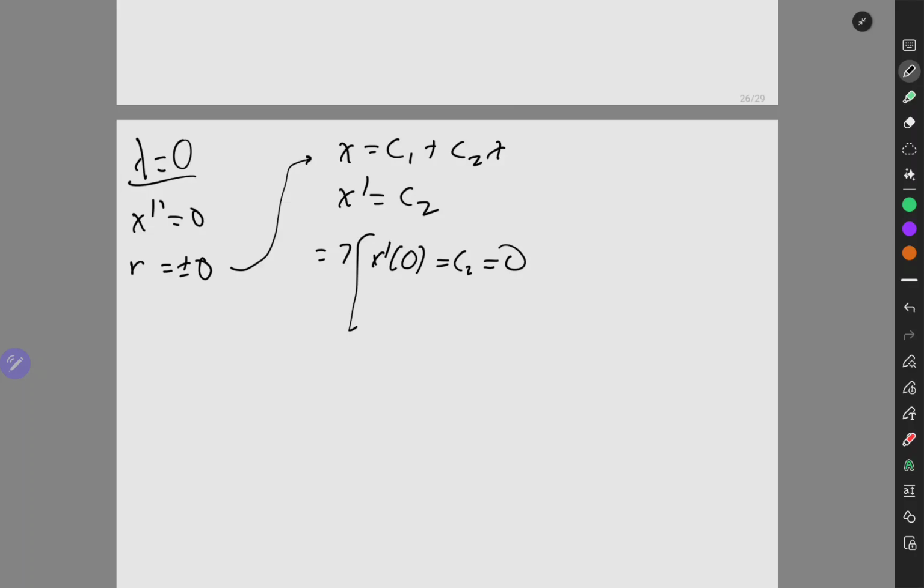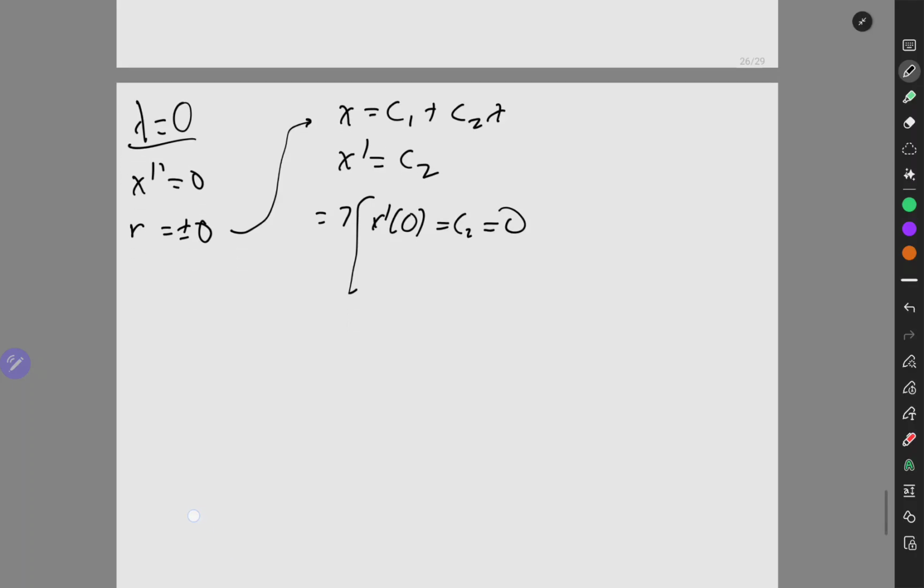Oh, this is an interesting one. This is going to change. We're going to have a new kind of boundary value problem now. So C2 is 0, but you're going to look at this now and see that x is going to be C1, but x prime is going to be equal to 0.